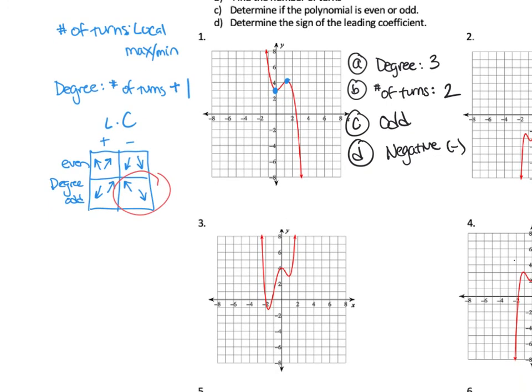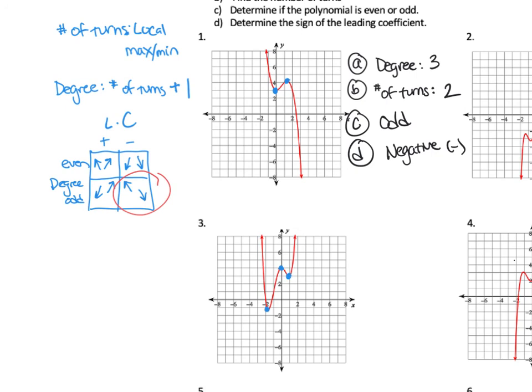If we take a look at problem number 3, first I'm going to do part B and look for the number of turns. Because anywhere we turn around, so from here we're going down and then up, and here we're going up and then down. So there's another point. And here we're going down and then up. So we have another one right here.